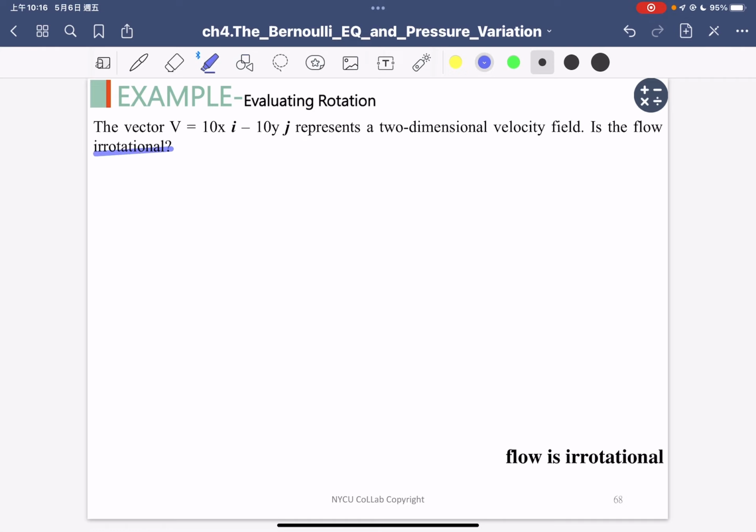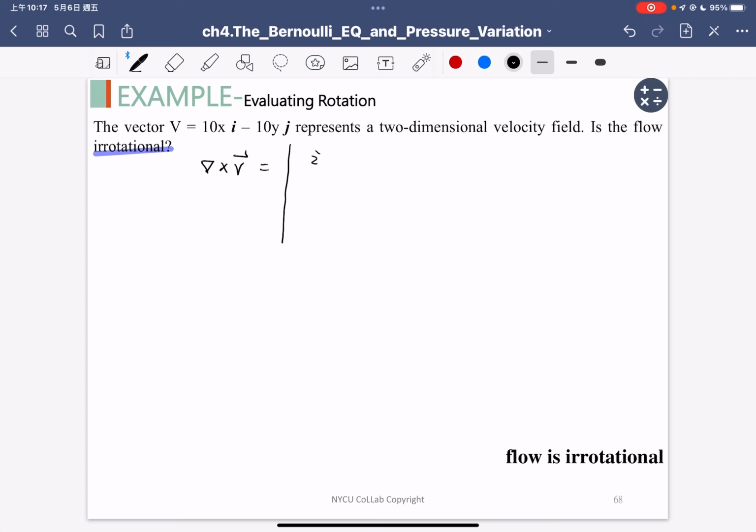Okay, so as I mentioned in the previous slide, we can calculate the differential operator crossed with the velocity field vector, right? So we can expand the cross product.